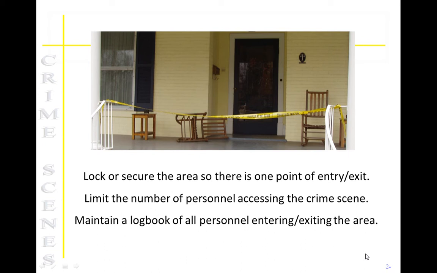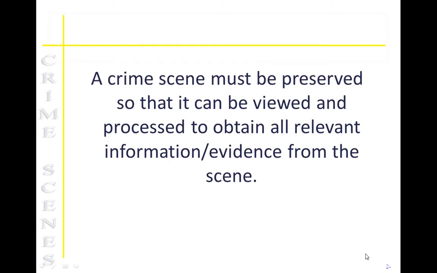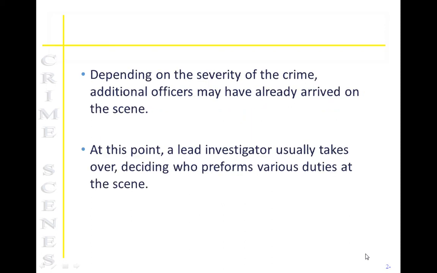On an external crime scene, it's going to be a little bit harder, but usually you want to make sure that there is going to be a limited area so that press and observers can be kept outside of that crime scene area. And this is necessary because that crime scene must be preserved so that the scene itself can be viewed and investigated so that any evidence that's there can actually be processed and collected from the crime scene.